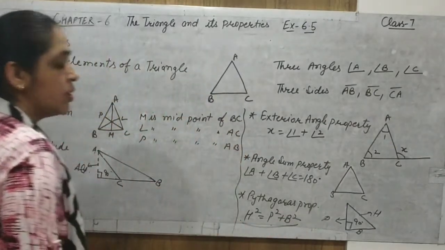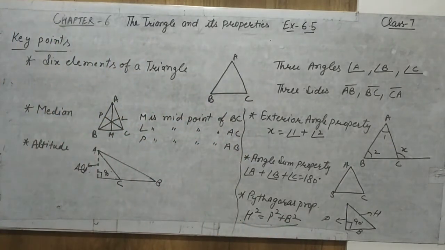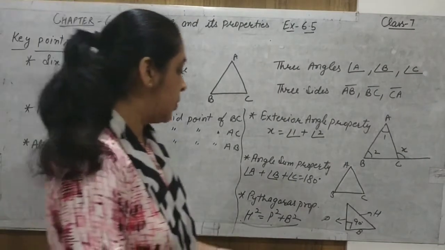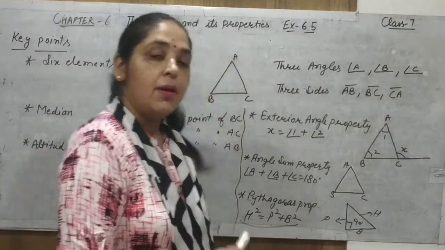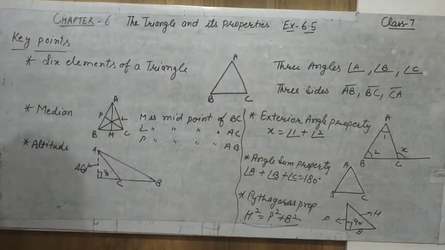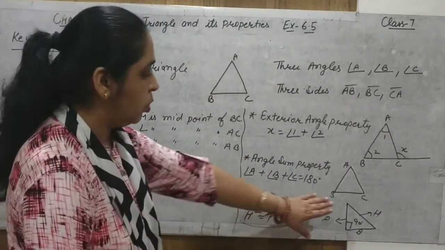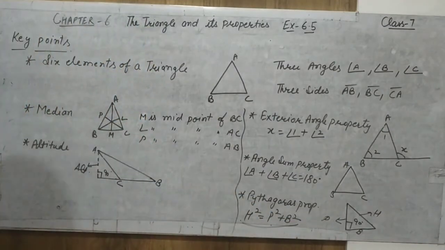That is, hypotenuse square is equal to perpendicular square plus base square. The 90 degree angle is always made between perpendicular and base, and H, the hypotenuse, is the longest side. So the Pythagoras property is only used for the right angle triangle.